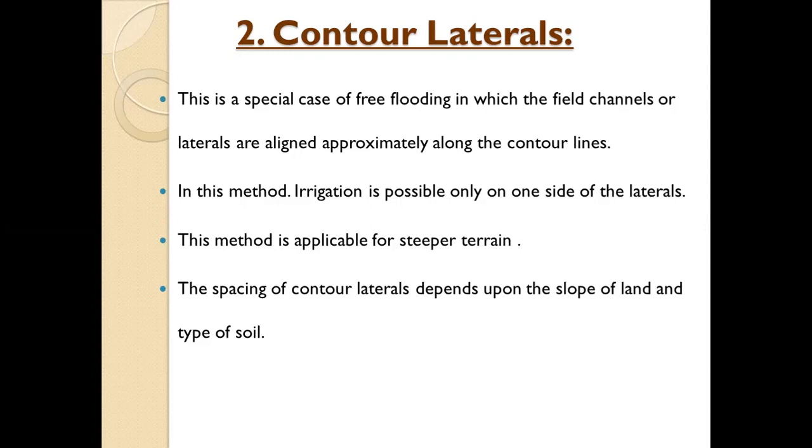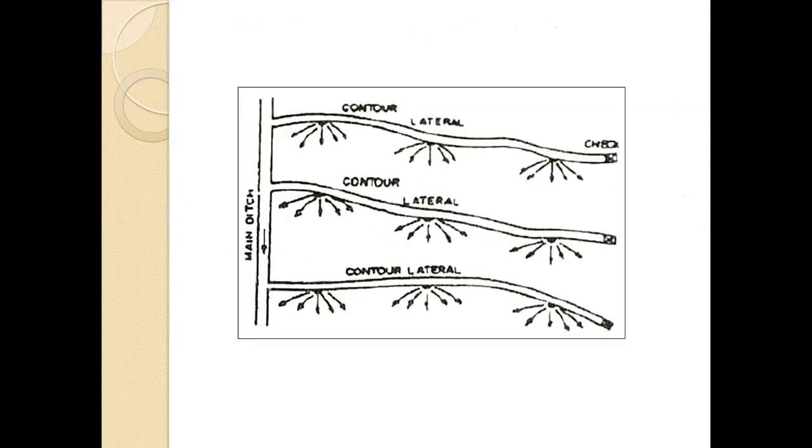This method is applicable for steeper terrain, and the spacing of the contour laterals depends on the slope of the land and the type of soil. This figure shows the contour laterals.